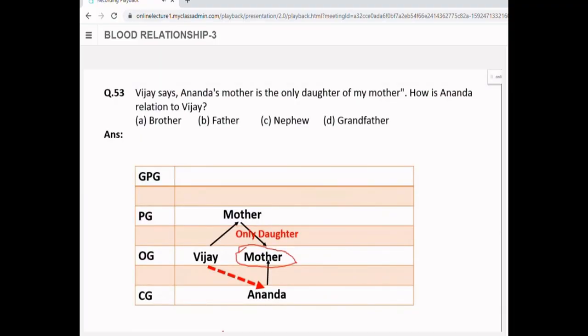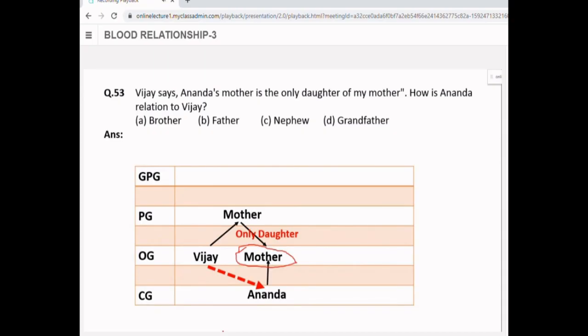Relation between Vijay and this circled mother. There are two mothers down. Relationship between Vijay and that circled mother.